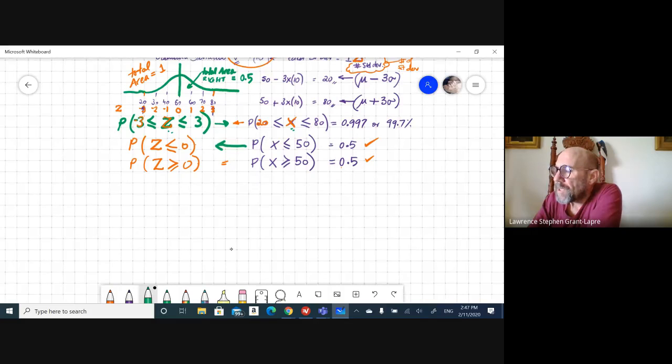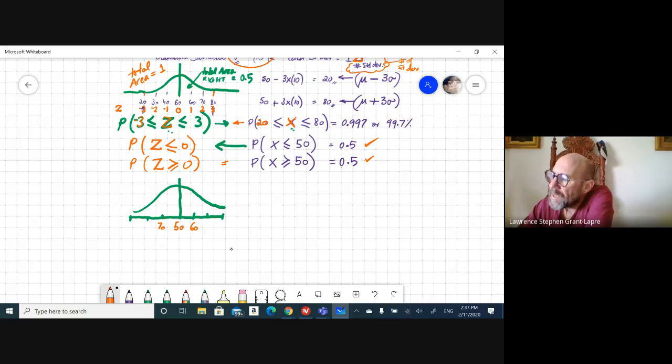Okay, I want to go now back to the graph, and I want to say 1, 2, 3, 1, 2, 3. That's 50, that's 60, that's 70. All right, let's only go one standard deviation above and one standard deviation below.